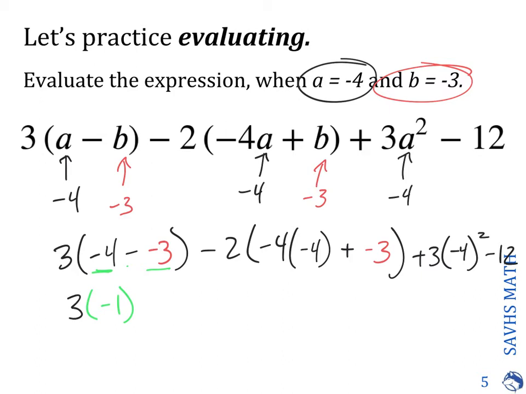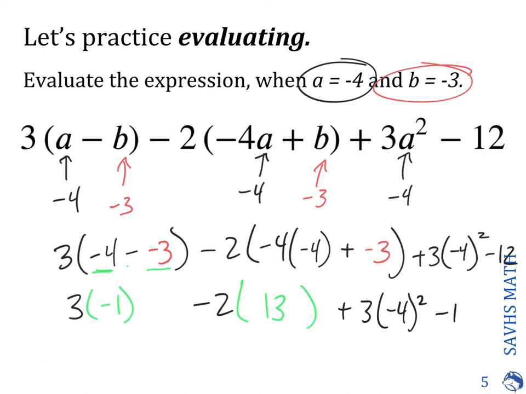So we have 3 times negative 1 minus 2 times, now what's the stuff inside the parentheses? Let's see, negative 4 times negative 4 is positive 16, so 16 plus negative 3 is 13. Then let's just rewrite the whole thing.